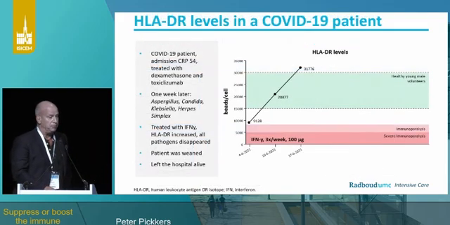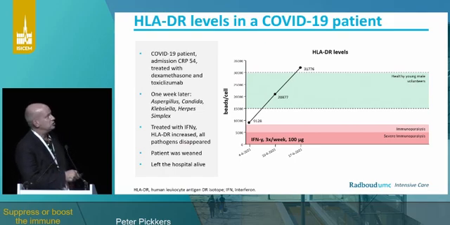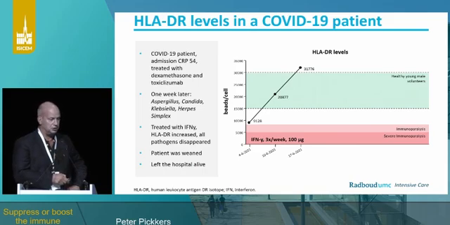And another patient that was not pre-existently immune suppressed, but had a very complicated course, is this one. He came in with a CRP of 54, so not that high. Nevertheless, he was treated with oxygen and went to the ICU, so he received both dexamethasone and tocilizumab. However, 1 week later, he started to accrue all kinds of opportunistic pathogens.